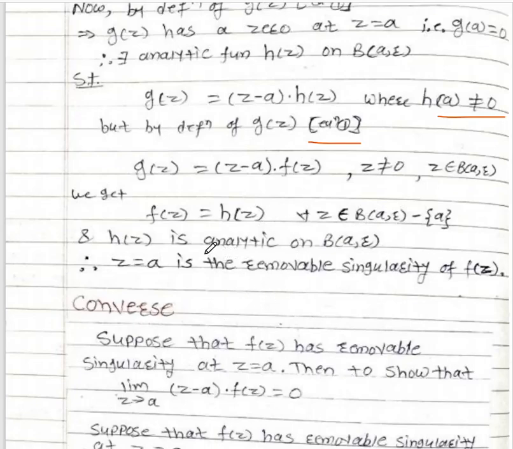So if you put this in g(z) equals (z minus a) times h(z), this becomes (z minus a) f(z). Therefore z equal to a is a removable singularity of the function f(z).